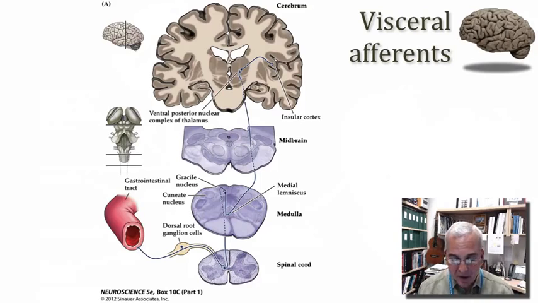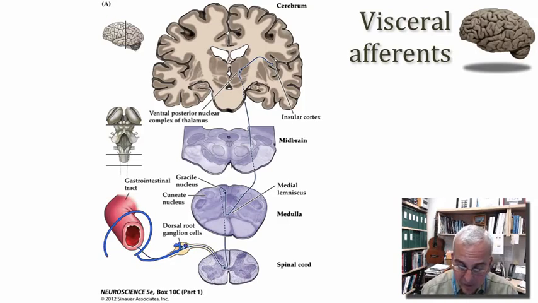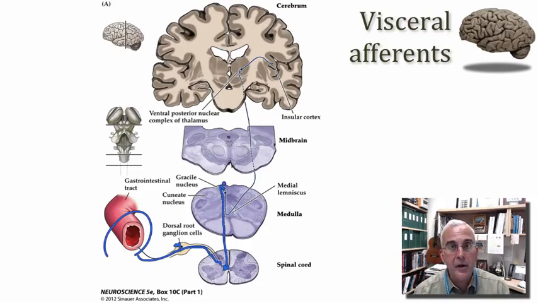And what we think is happening here is a pathway that connects especially the lower GI system from the first order afferent, which would be a nociceptive element in the appropriate spinal root, to a set of second order neurons that are found near the central canal of the spinal cord. And these neurons send an axon not to the anterolateral system as we might have anticipated, but rather up along the medial edge of the dorsal columns.